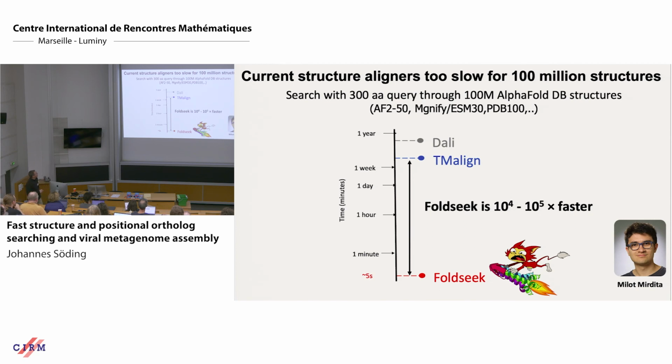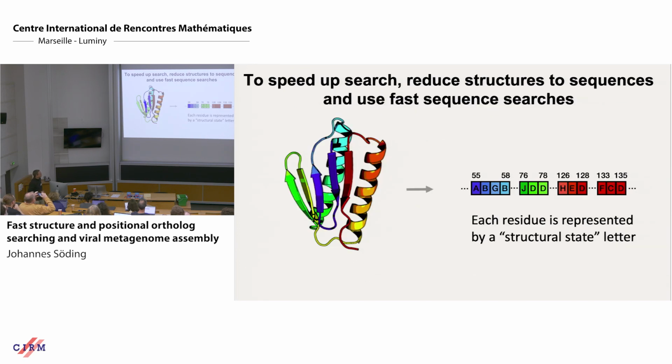So these are roughly 100 million structures. It would take DALI almost a year, TM-align months, and Foldseek does this in 5 seconds. So that was not what we expected in the beginning, but this is how we started off.